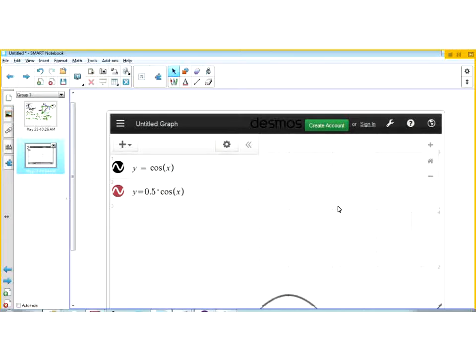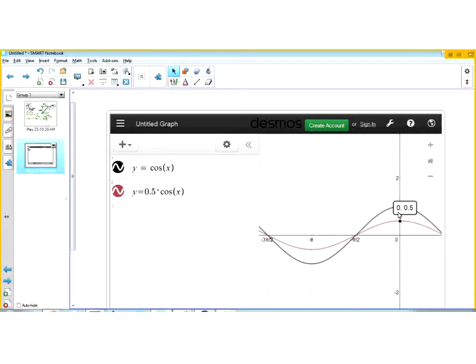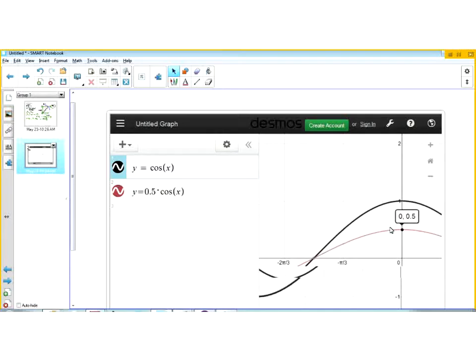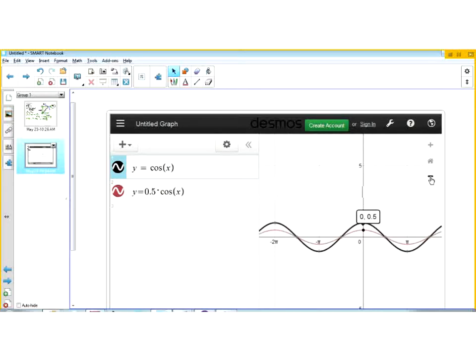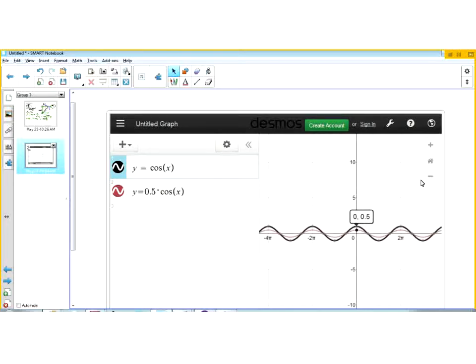But the x-intercepts remain the same. The y-intercept changes, obviously. It's now a half instead of 1, and the amplitude, of course, becomes smaller. So this is a vertical shrink.